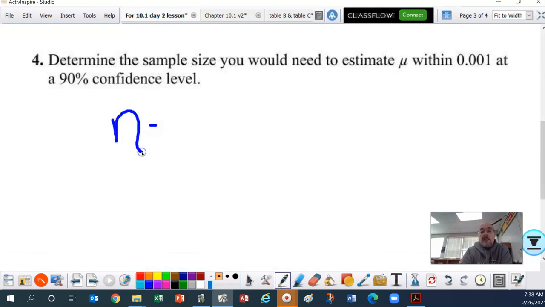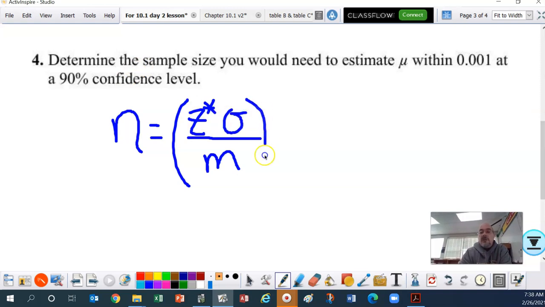So n is going to equal, do you remember what it's going to equal? n is going to equal the margin of error on the bottom, right? And the z star times the standard deviation and all of that squared.